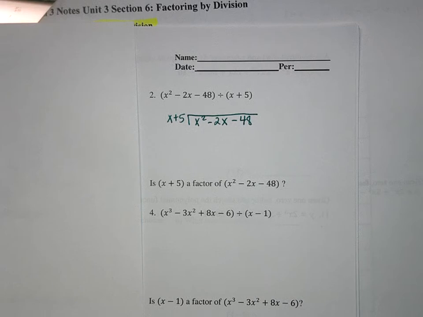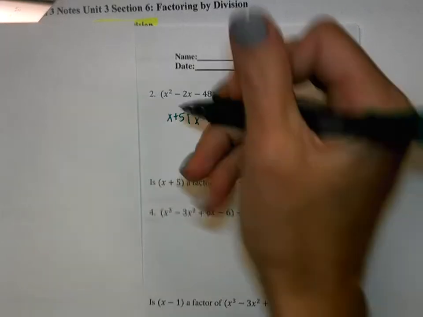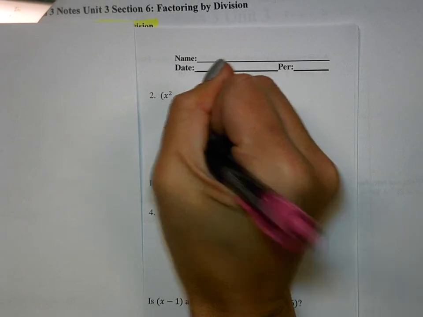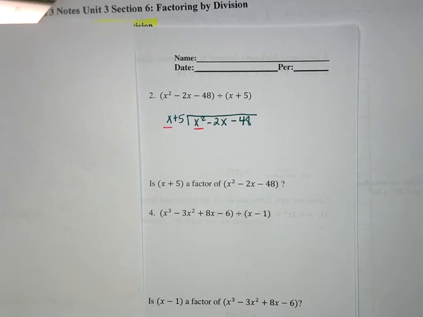Okay, this is your homework problem. So the first thing here is that we always look at our first 2 numbers. So I'm looking at x and x squared. And all we do is ask ourselves, x times what would make x squared?